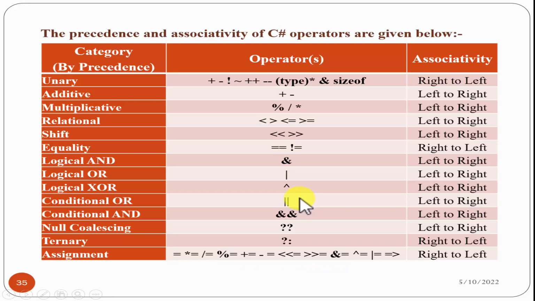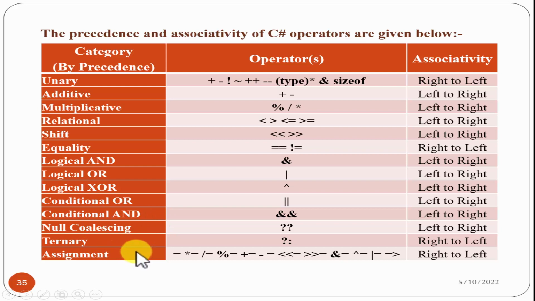Now come to the next. This is the table and the chart, and here you can see by precedence the unary operator is performed first. Then additive, multiplicative, relational, shift, equality, logical AND, logical XOR, logical OR, conditional AND, conditional OR, null coalescing, ternary and assignment.